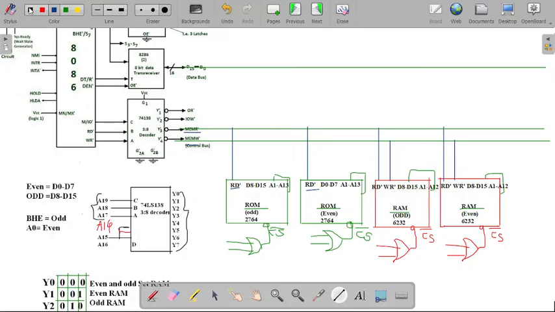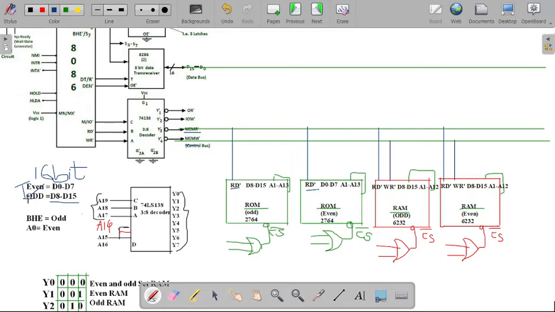Now I have to connect the data lines for our data bus for our ROM as well as RAM. So here you can consider this technique whenever we have to connect our data bus to our even RAM. That time we are using the D0 to D7 lines. And whenever we have to connect the data signal for our odd RAM, that time we are using D8 to D15 lines. In total there are 16 bits of data bus available in our 8086 microprocessor.